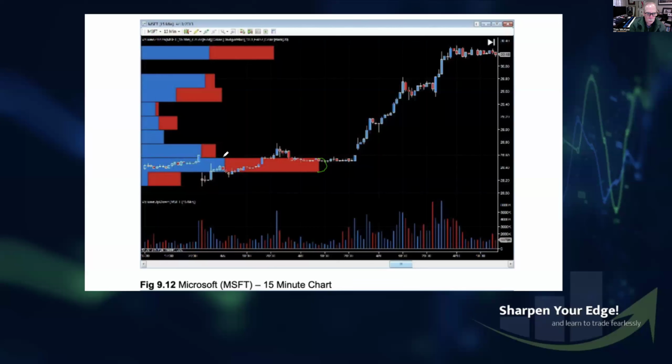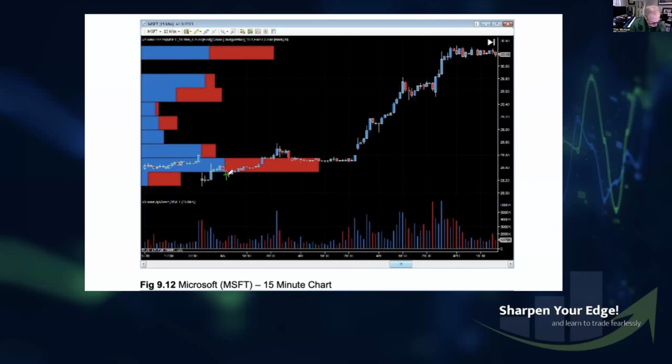And as price goes up, it will develop new volume bars. And you can see we have volume going up is blue, volume going down is red, and the fulcrum is the middle point between the two, which kind of shows you the center point of volume when taken as a whole.